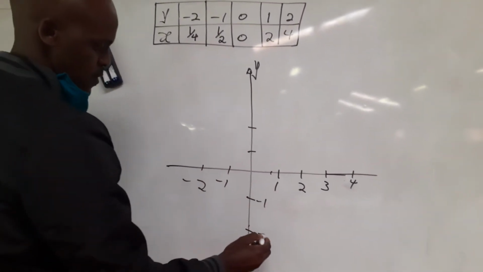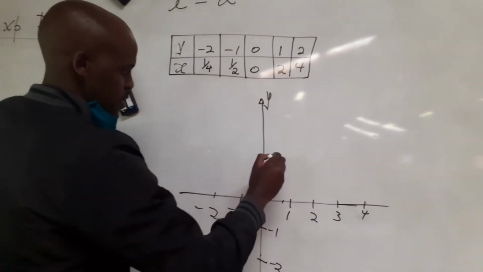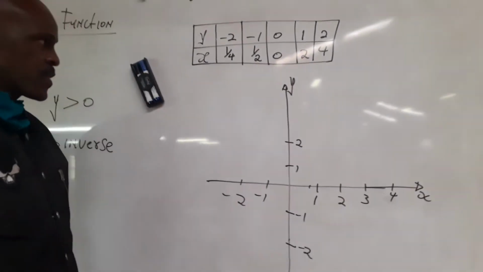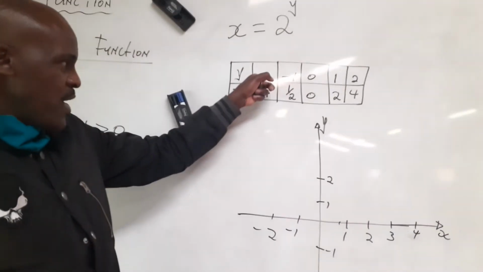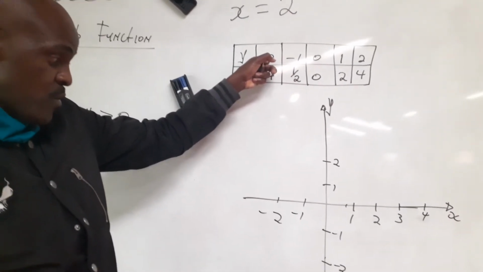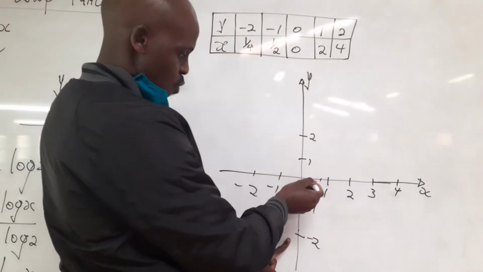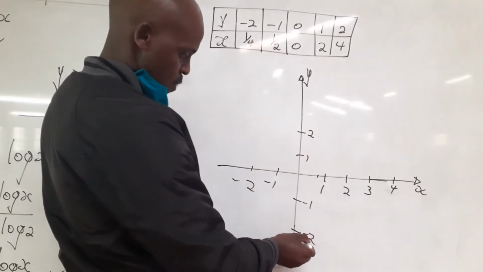It's negative 1, negative 2, 1, 2. Right. If y is equal to negative 2, x is equal to 1 over 4.